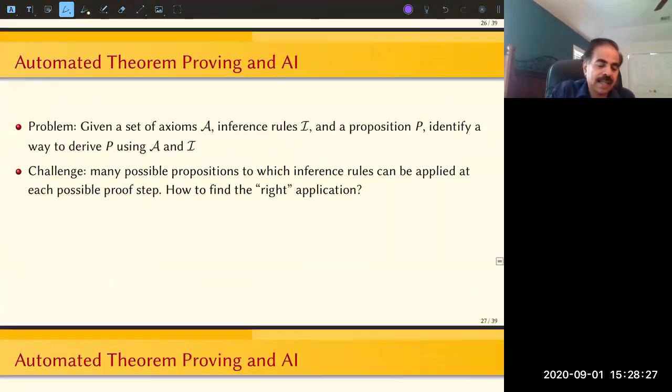The challenge is that typically there are many axioms and inference rules to work with.